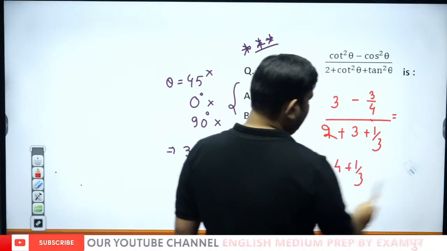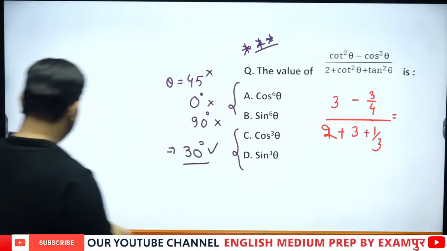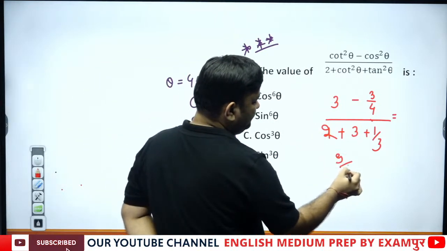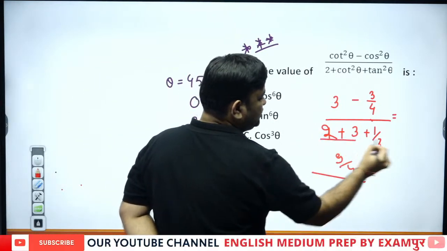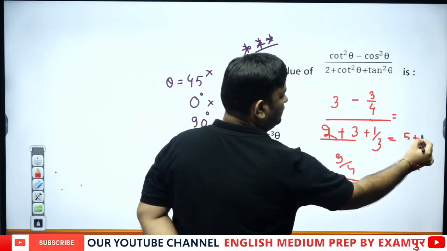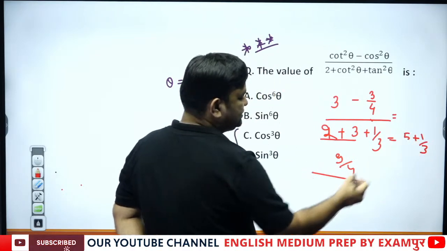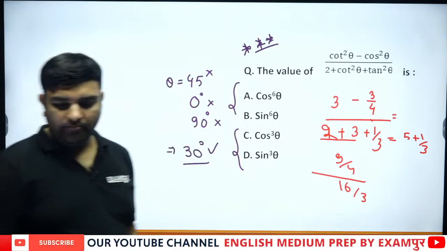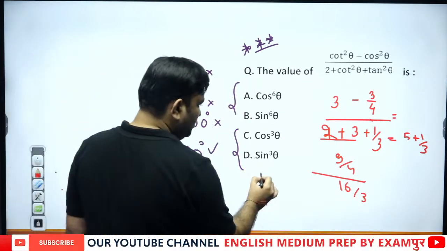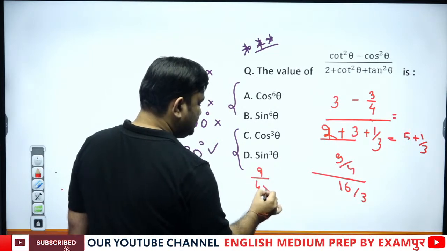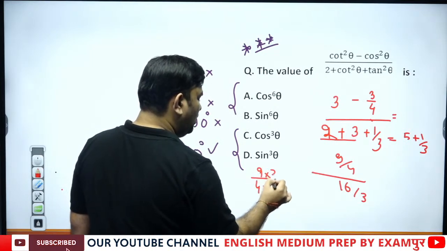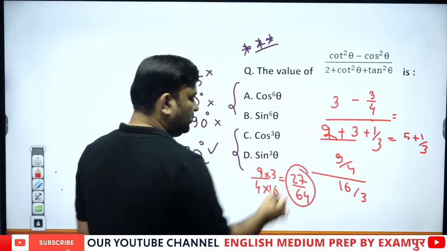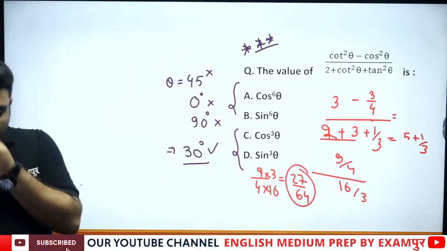Let's hope the situation will change after this. 9 by 4. 5 plus 1 by 3 is 16 by 3. Oh, it's better now. 9 by 4, 16 by 3. Now all of them are perfect cubes. It's better now.